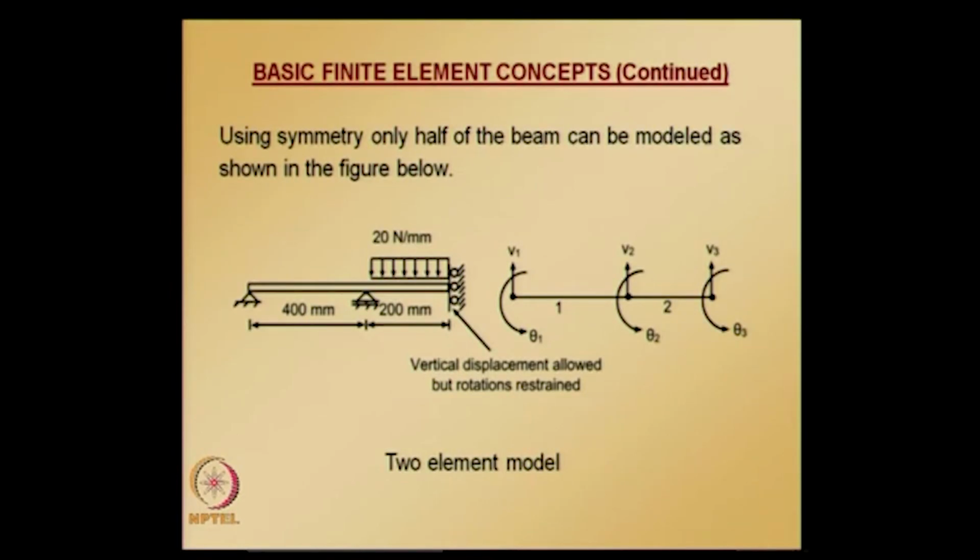So, since we already solved this kind of problem, we will take the stiffness matrices from the previous calculations, and concentrate only on the equivalent load vector for each element and assemble the global load vector. If you see element 1, there is no load applied in the first span of 400 millimeters, so the load vector for element 1 is going to be this.